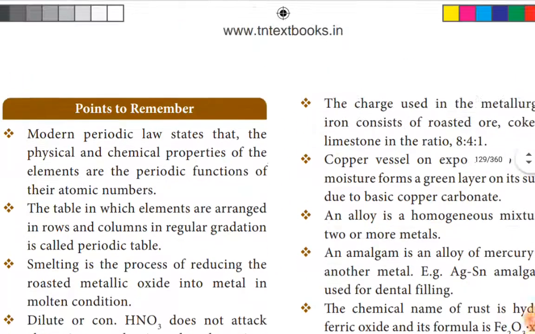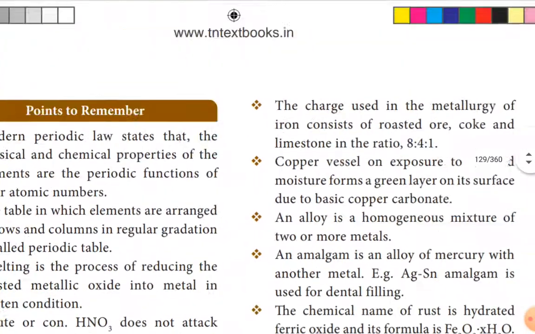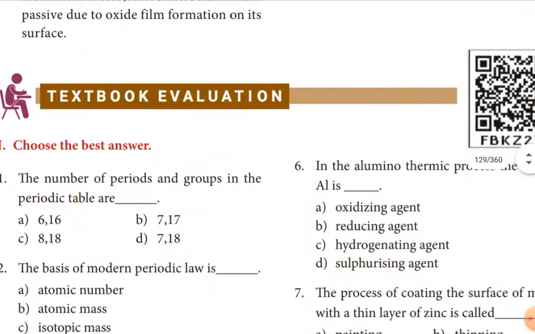So, my dear students, up to this second lesson, periodic classification is over, and in the next class we are going to discuss the textbook evaluation: choose the best answer, fill in the blanks, match, true or false. We are going to discuss them in the next class.